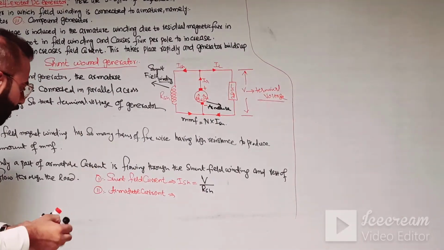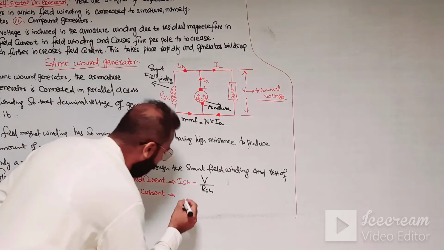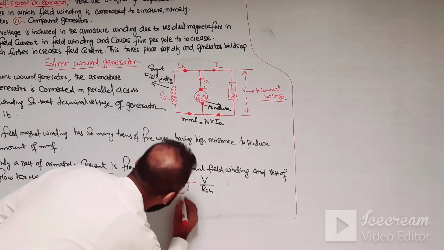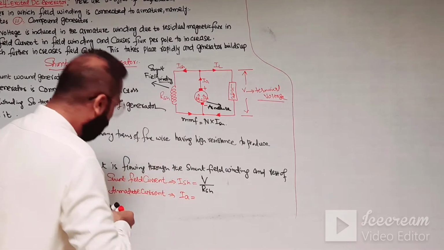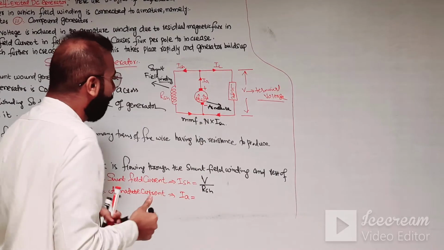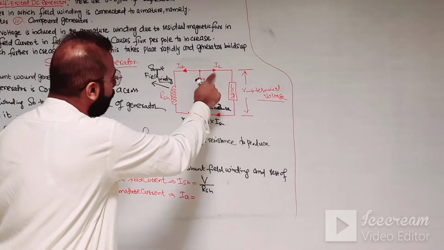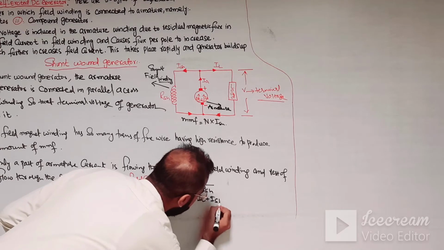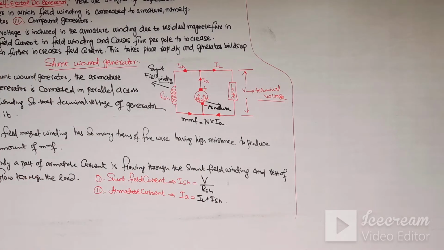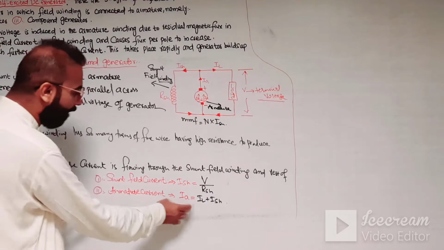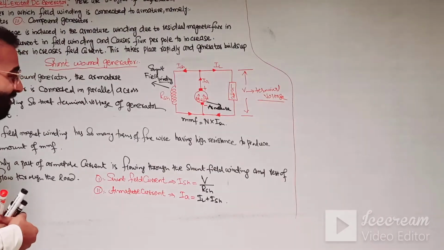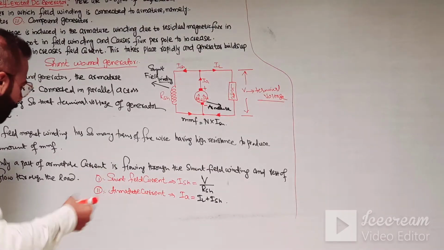So the armature current of the DC shunt wound generator, Ia, is equal to IL plus I shunt. This is the second point, how we find the armature current in the case of the DC shunt wound generator. So it is the sum of IL plus I shunt.